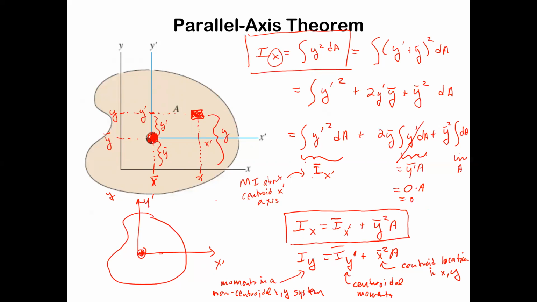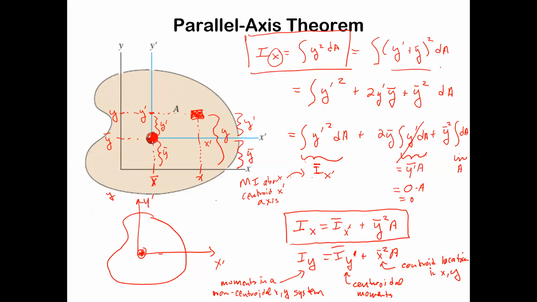But now that you have this y prime x prime axis on here, you can say, well, wait a second, this y is really the sum of this distance here, which is y bar, the distance to the centroid from the x-axis, plus some value here, which you could call y prime, the distance from the x prime axis to that differential area.